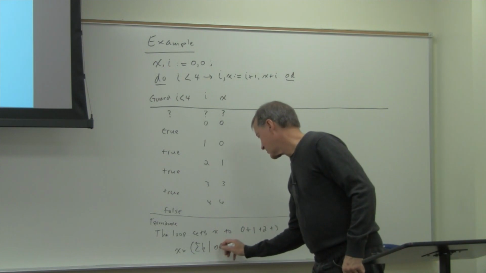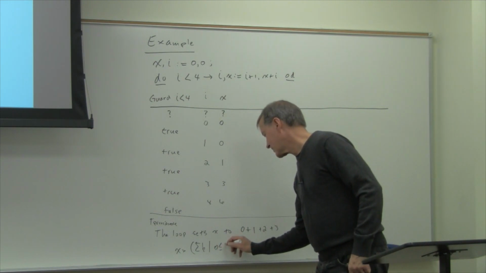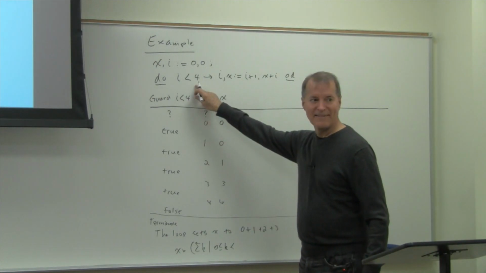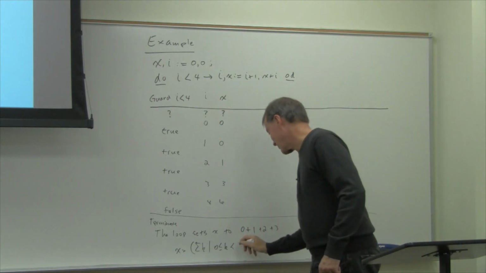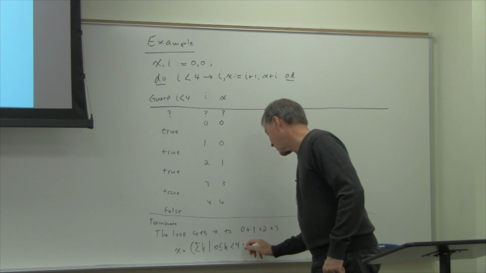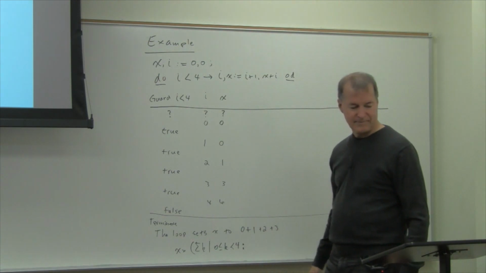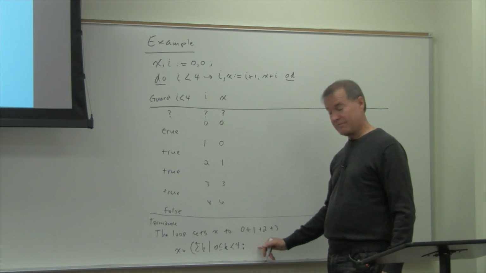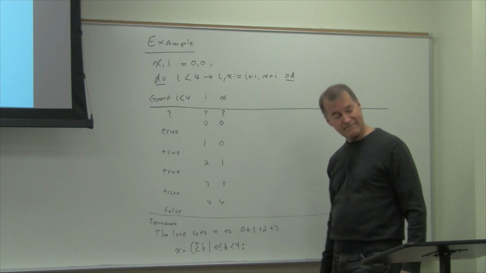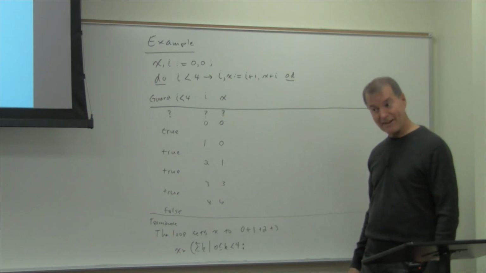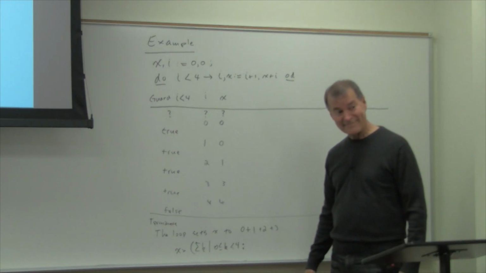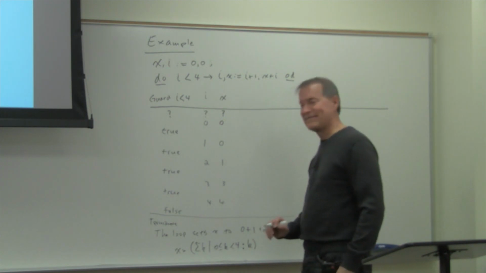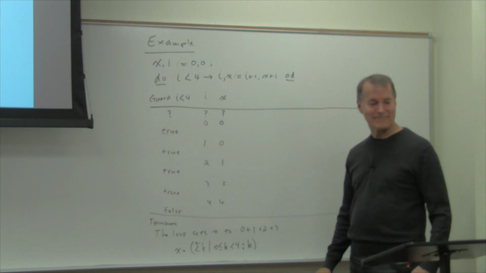Yeah, 0 less than or equal to k. But let's say less than 4. Look familiar up here? Less than 4. Body what? Yeah, body k. All right? Are we good?